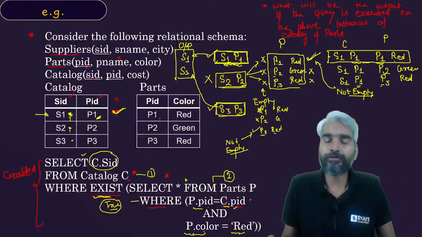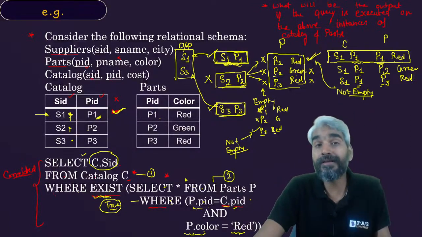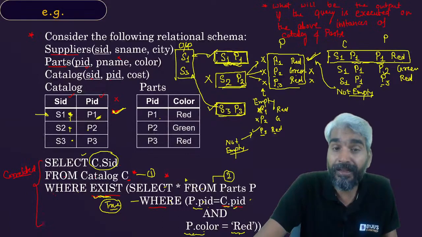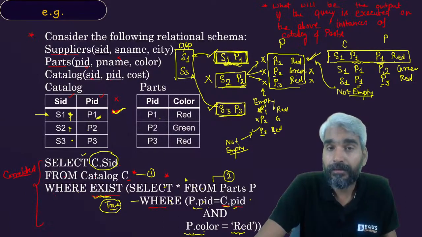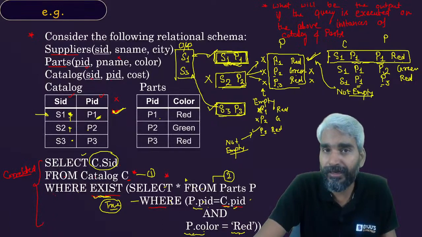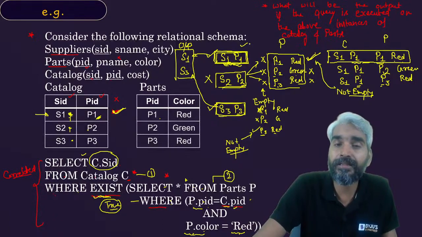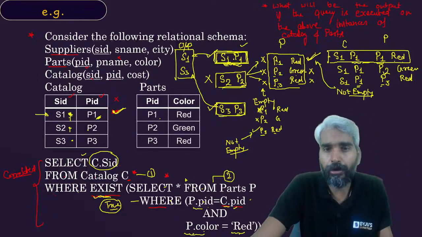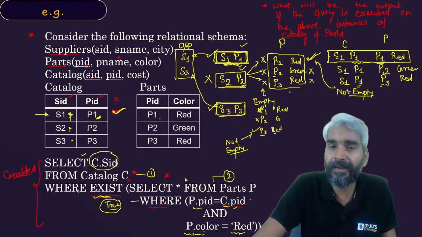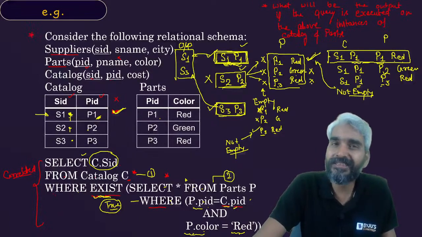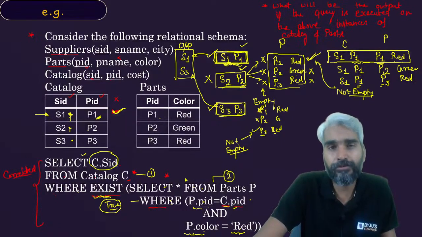Clear? Have you understood how a correlated query will be executed? With respect to the first tuple, you process the complete inner query, and only then check whether the first tuple is chosen or not. Then for the second tuple, again you process the complete inner relation and choose whether it is selected.